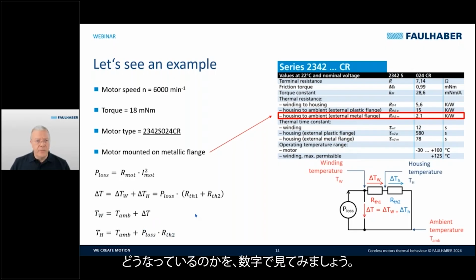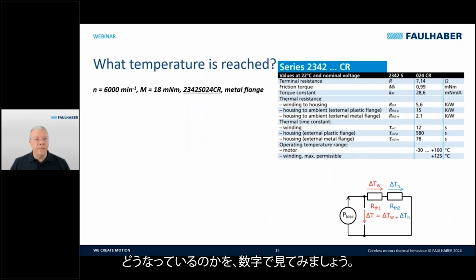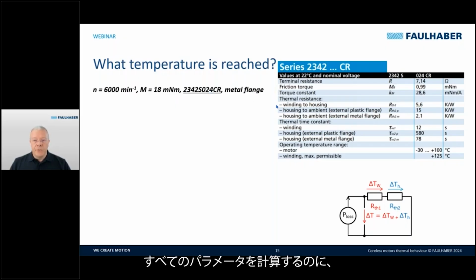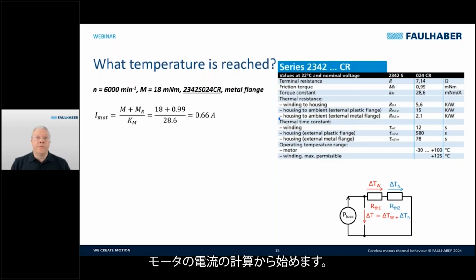Let's see numerically what happens. We have 6,000 RPM, 18 milliNewton meter, the 2342 motor with a metal flange. When we have to calculate all the parameters, we start with the motor current calculation. The 18 milliNewton meter is the application torque.